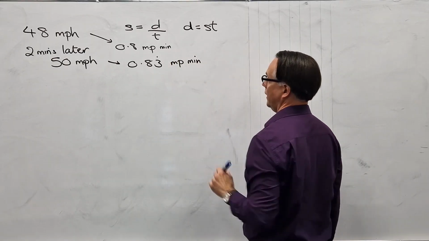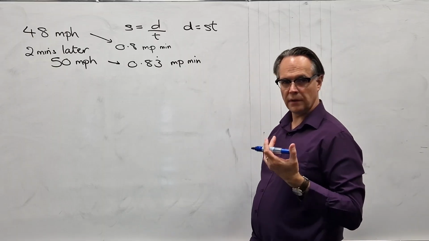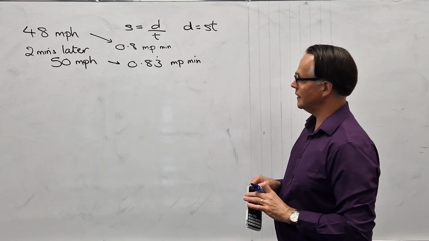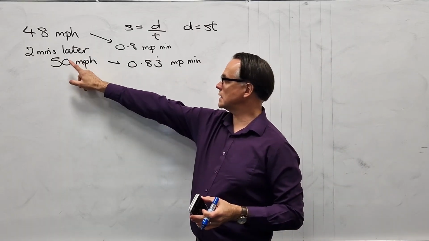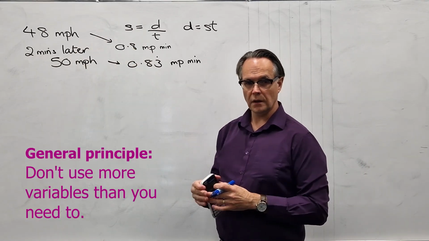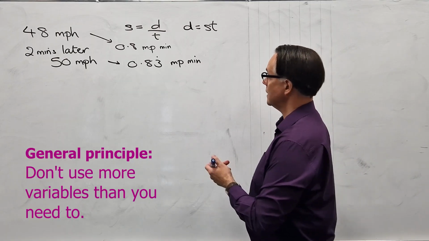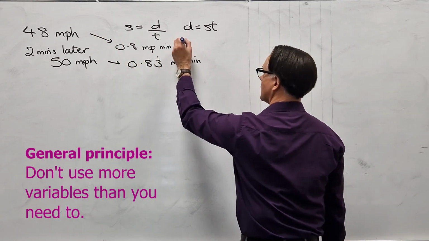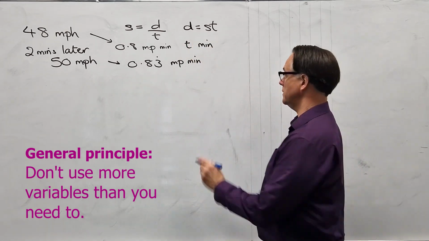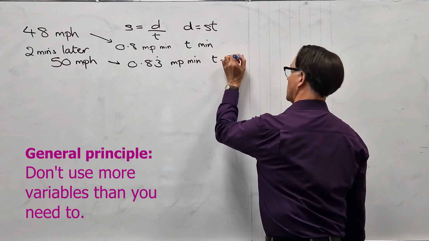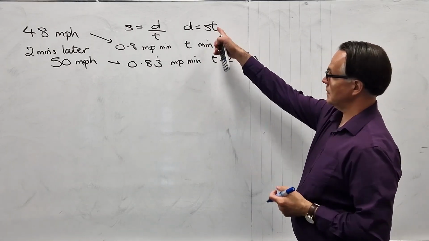Right. So now we don't know the time either person takes, but what we do know is that I take 2 minutes less than she does. So we don't need two different variables. If say Fleur takes t minutes, then I take t minus 2 minutes. So distance equals speed times time.